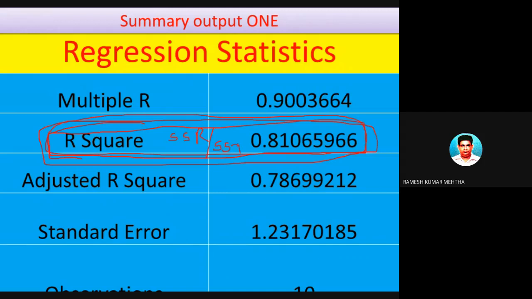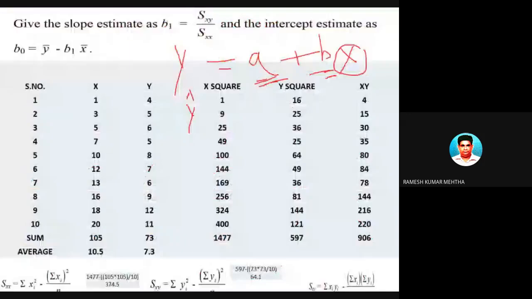Or you just square it. This is one method and this is the second method. So sum of squares regression by sum of squares total. This is the variance explained out of the total variance. Hope you have understood this.